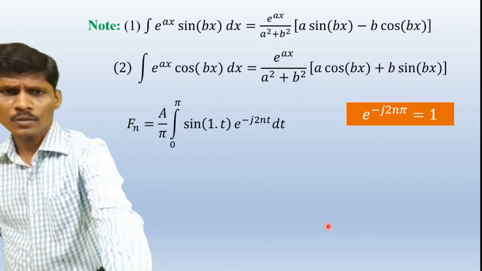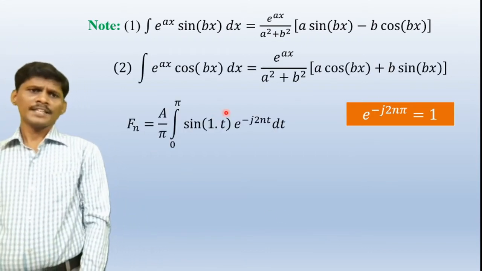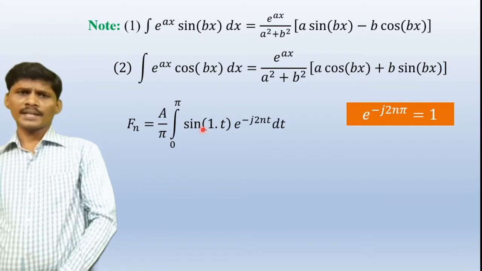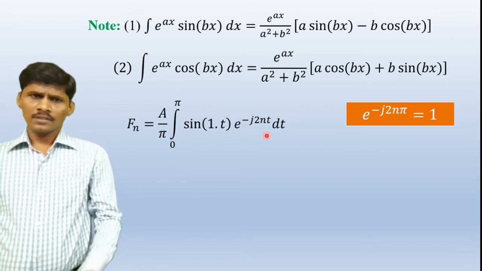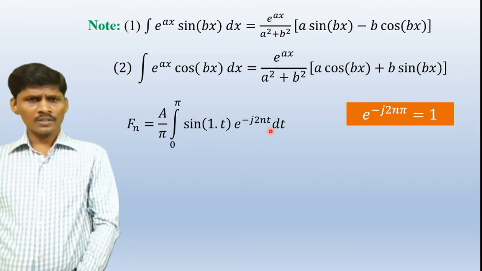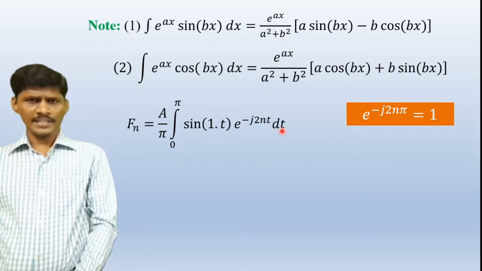So the coefficient F n is equal to A by pi integral 0 to pi sin t, that is 1 into t, e power minus j 2 n t dt.